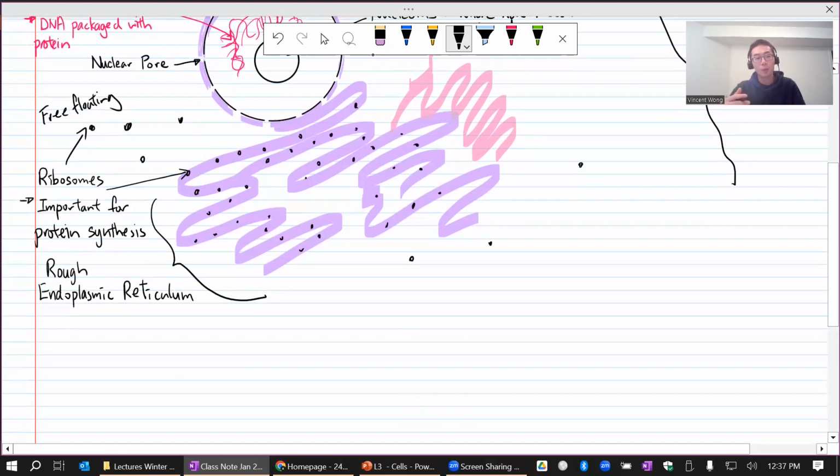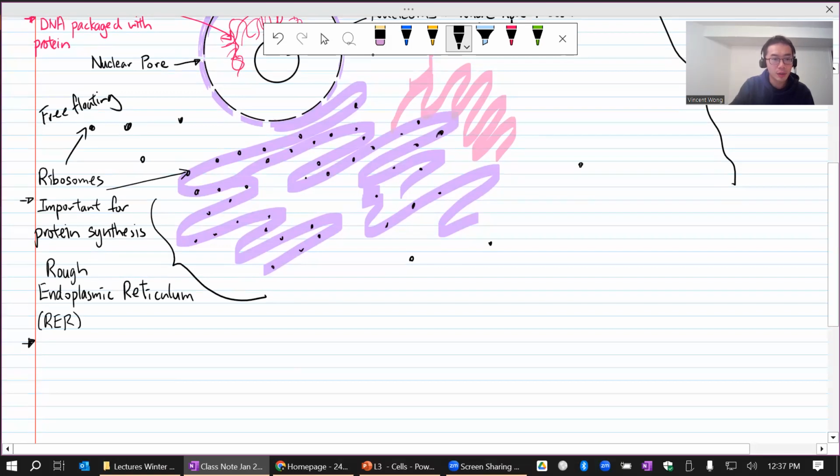So endoplasmic means within the cell, right? Reticulum just means a network. So this is a network of membrane that has a rough appearance to it because of all the ribosomes that are stuck to it. Okay, so RER, that's the short form, rough endoplasmic reticulum.